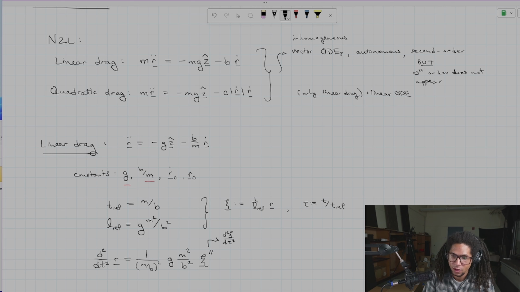Good. Okay, and then I need to do the other side of the equation. So minus g z hat, nothing to change there, and then minus b over m. Now I need to do dt of r.